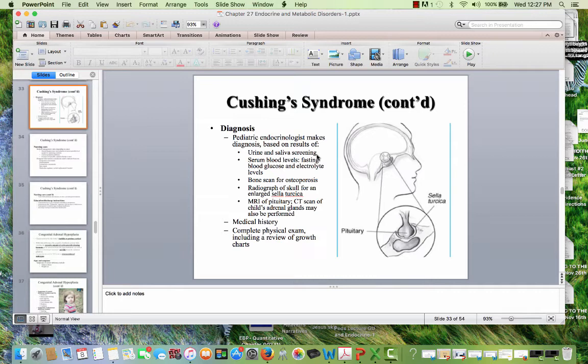They might do a dexamethasone suppression test as well, saliva swabs to test cortisol levels, and serum blood levels of glucose, cortisol, and electrolytes. They'll do a bone scan to rule out osteoporosis because these kids are at risk for osteoporosis. And then an MRI of the pituitary gland and a CT scan of the adrenal glands as well.